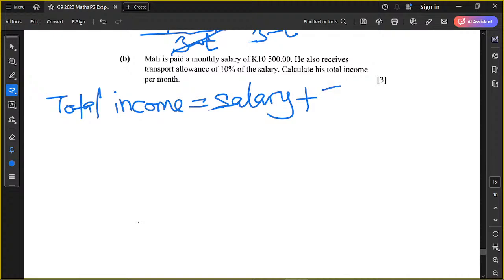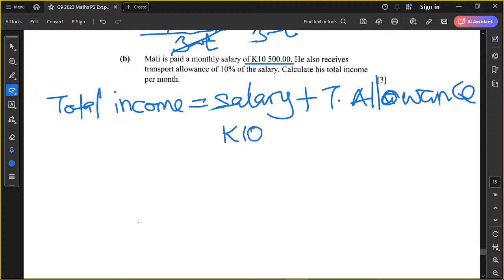So we just say T allowance, T for transport. Then we say how much is the salary? We are told that is 10,500 kwacha. So we write 10,500 kwacha as a salary. Then plus allowance, we are told that is 10%.